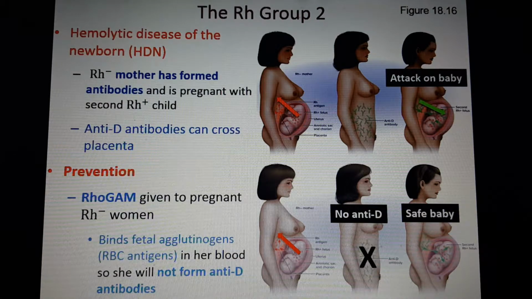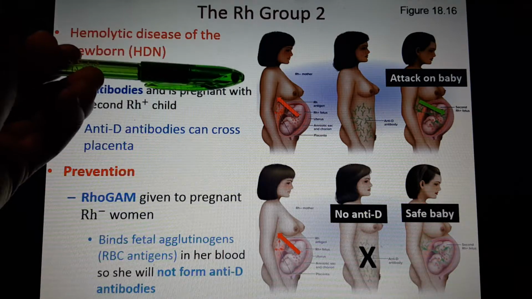So going back to blood typing and dealing with interactions between agglutinogens on the red blood cells and antibodies in the body, or agglutinins, it becomes an issue when dealing with the Rh factor, with an Rh negative mother that is exposed to that Rh agglutinogen through her fetus.